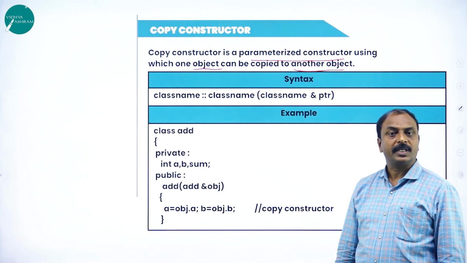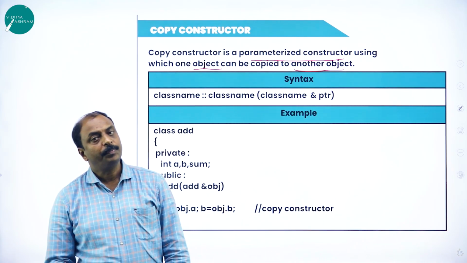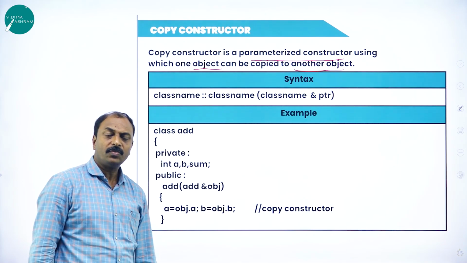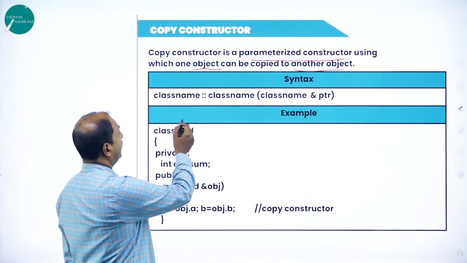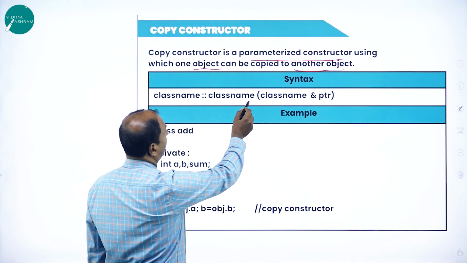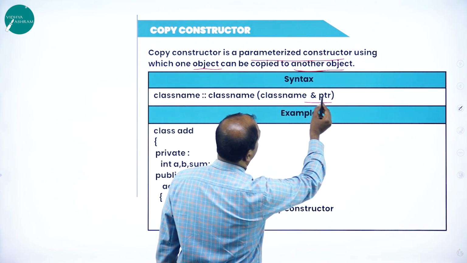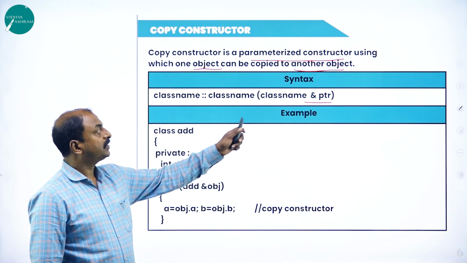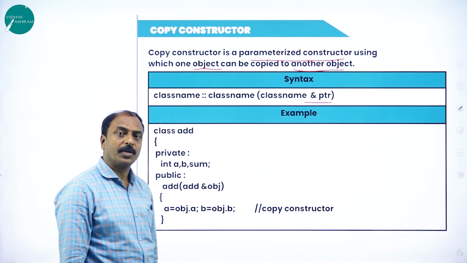That is the definition of a copy constructor, and the syntax is class name, with class name and ampersand, where ptr is a pointer variable. It is the address of ptr, or we are passing an object as an argument.